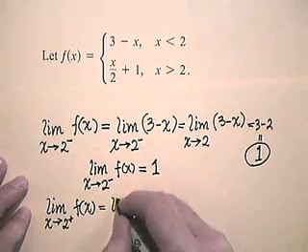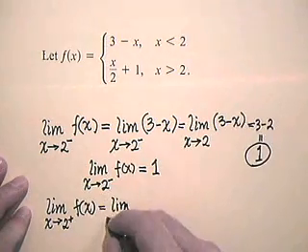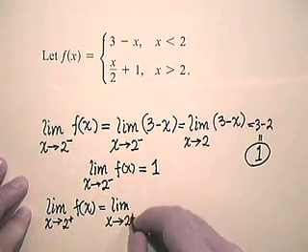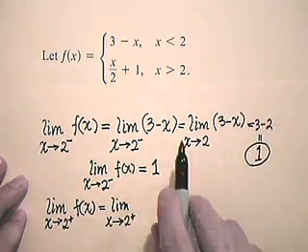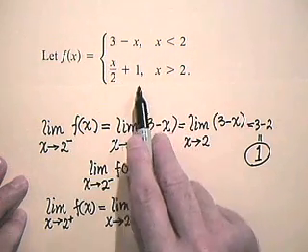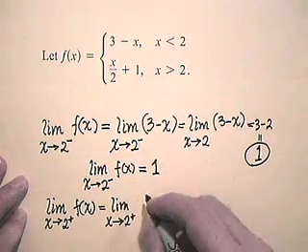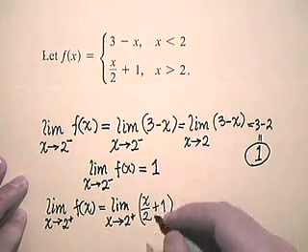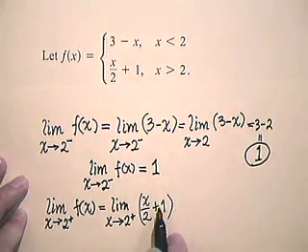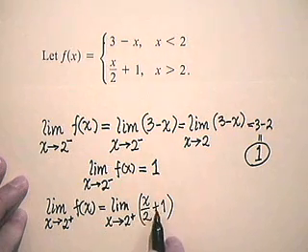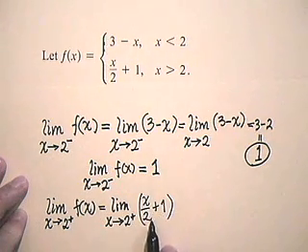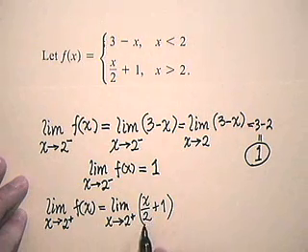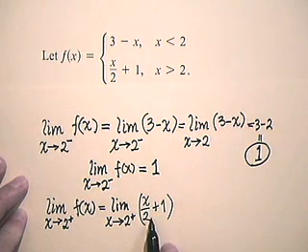In this case, when we're restricted to being on the right of 2, we use the expression which is valid to the right. Look up here, that's x over 2 plus 1. Well, from our limit rules, when we look at that expression, we know that it has a two-sided limit as x approaches 2, and consequently that two-sided limit by our limit theorem has to equal either of the one-sided limits for that expression.